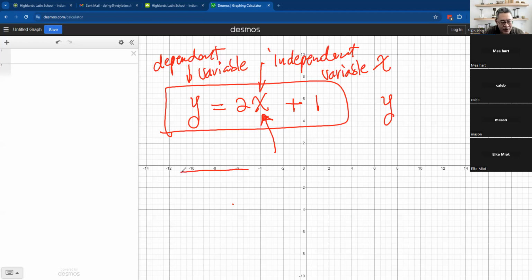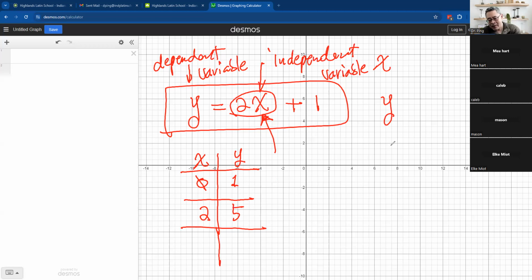For example, we got x here, y here. If we pick x = 0, then this part is 0. 0 plus 1 is 1, so y has to equal 1. It cannot be anything else. If x is 2, then 2 times 2 is 4, 4 plus 1 is 5. So we got that here.